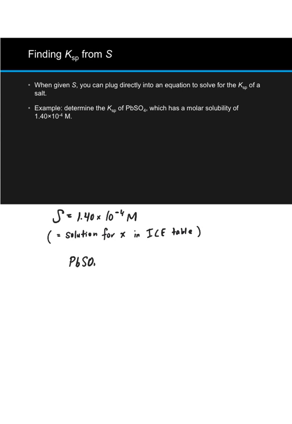Lead 2 sulfate is a sparingly soluble compound that produces lead 2 cations in solution and sulfate anions with a 1-to-1 stoichiometry. The KSP expression for this equilibrium is concentration of Pb2 plus times concentration of SO4 2 minus at equilibrium. An ice table for this reaction looks like this.